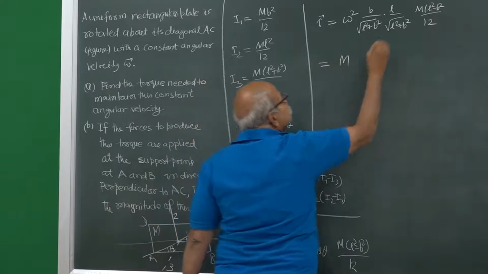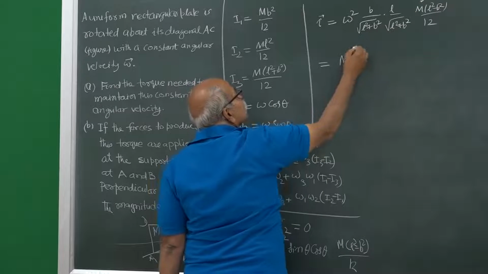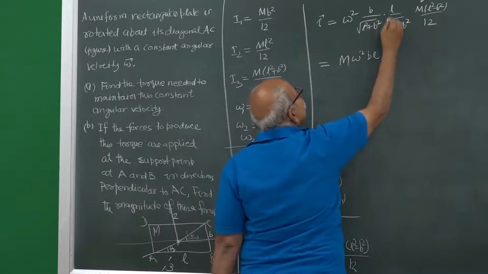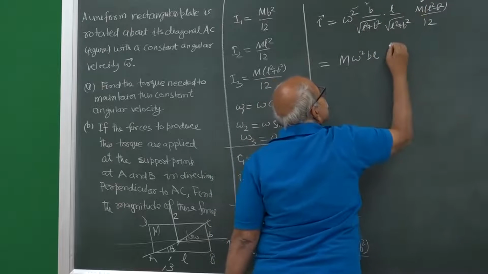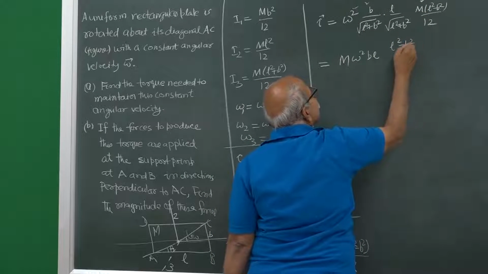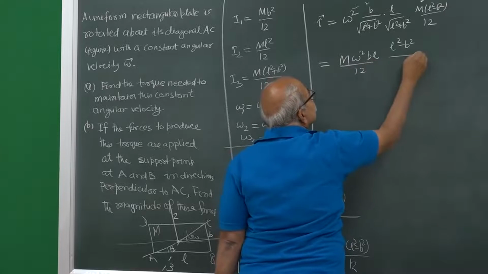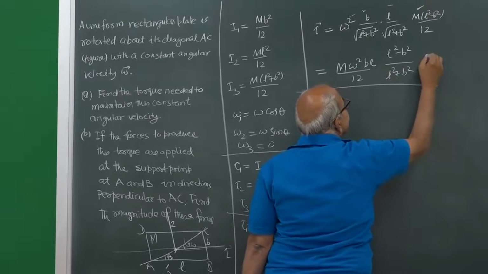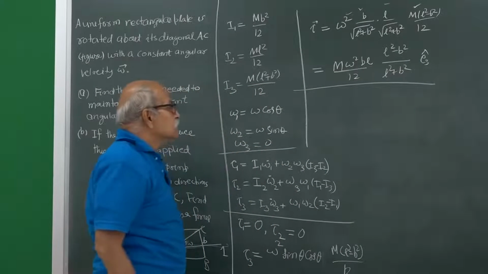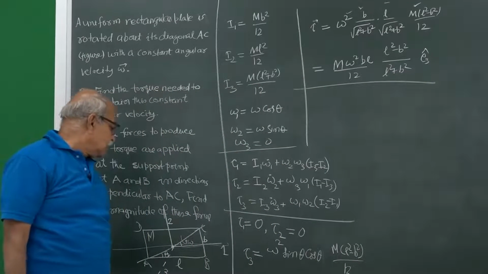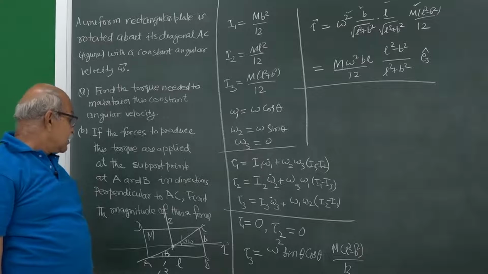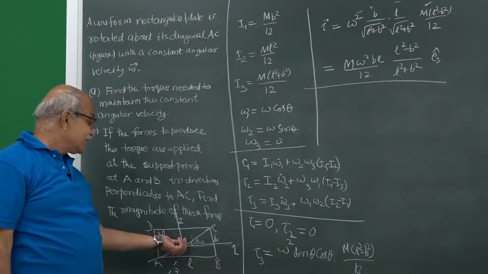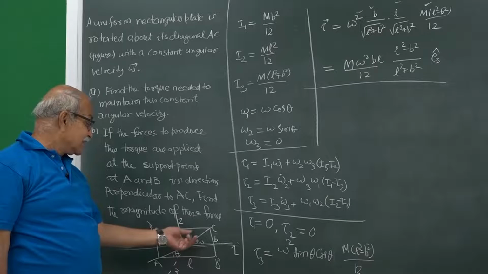You have m, omega square, B, L, and this quantity (L square minus B square) by 12, divided by (L square plus B square), times E3 cap. So, this is the torque which is needed, and the torque is in the direction of E3, and that direction is changing as it rotates.